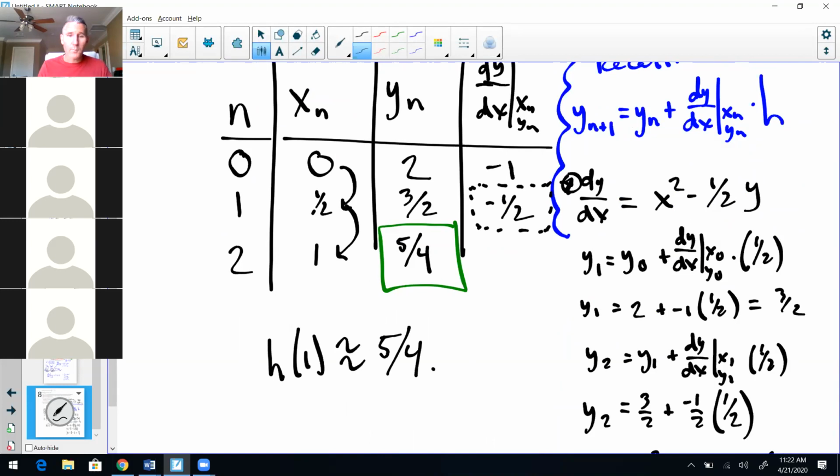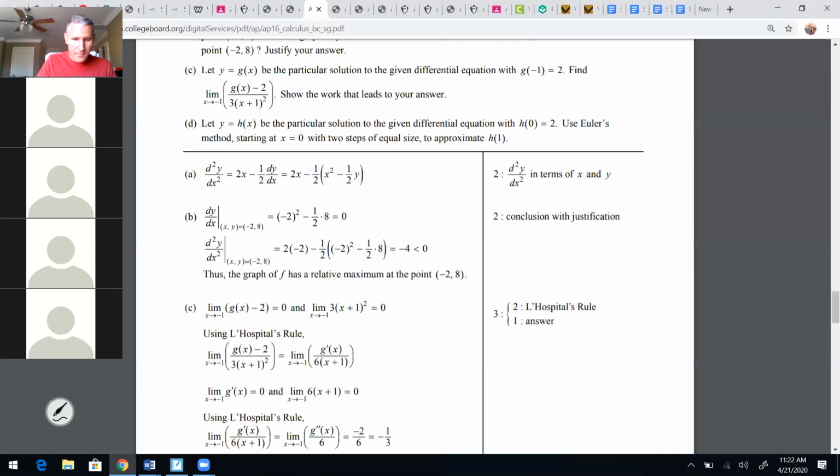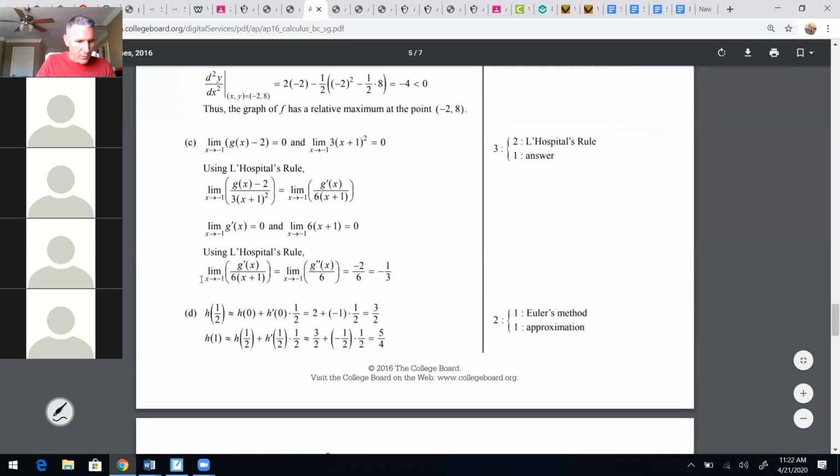Bam. Cool. Let's go and see what they have on the scoring guidelines for that guy. Just a little 2-step. So h of 1/2 is 3/2, and h of 1 is approximately 5/4.